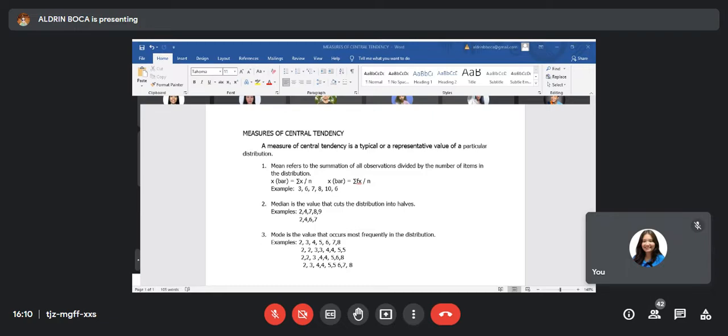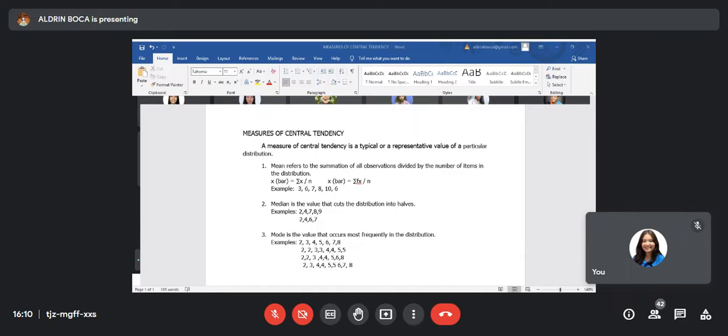So for example, the mean refers to the summation of all observations divided by the number of items in the distribution, or divided by the number of observations. Okay, so there are two computational formulas for mean. You have the X bar.